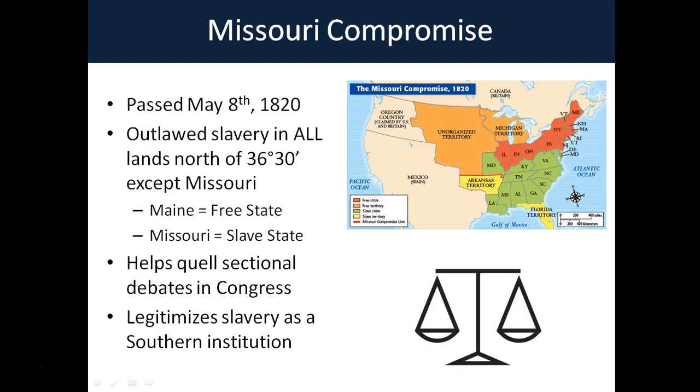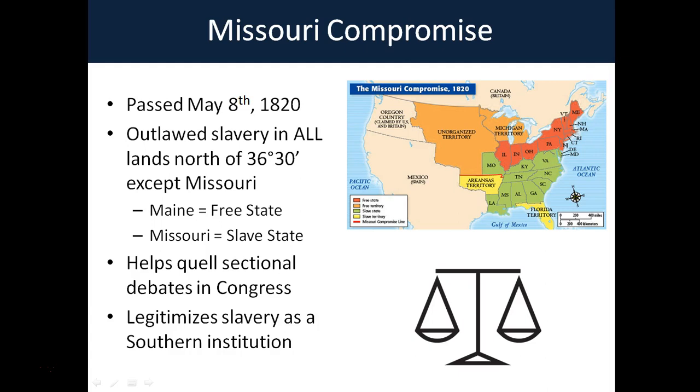Alright, with that said, the Missouri Compromise was passed on May 8th, 1820. It was very significant as a form of legislation for our country, as it outlawed slavery in all lands north of the parallel of 36°30′, with the exception of Missouri, which is why it's called the Missouri Compromise.